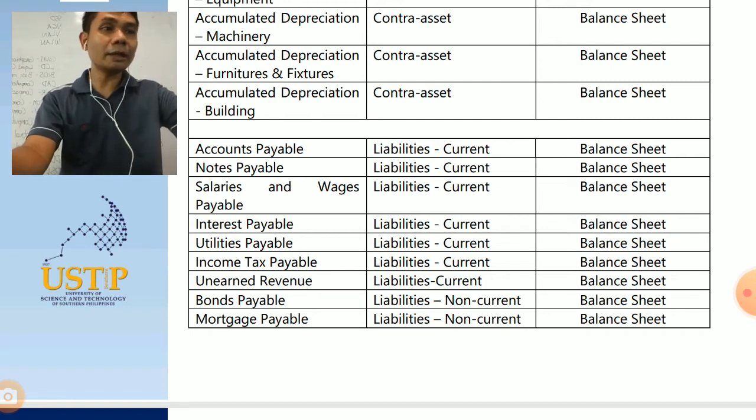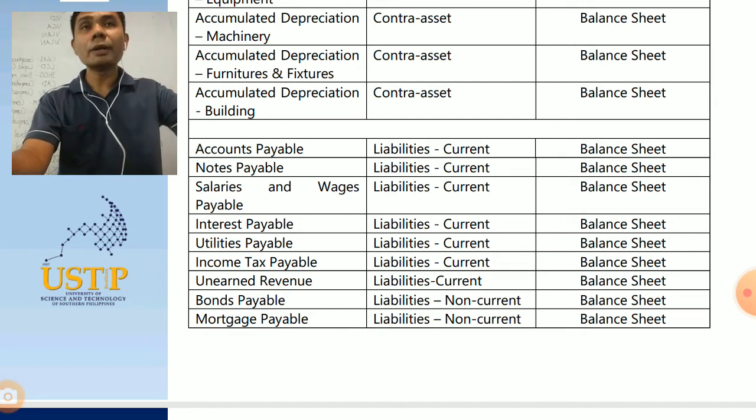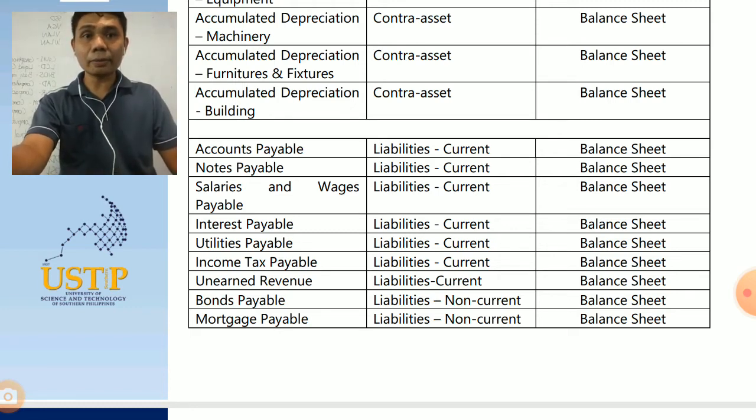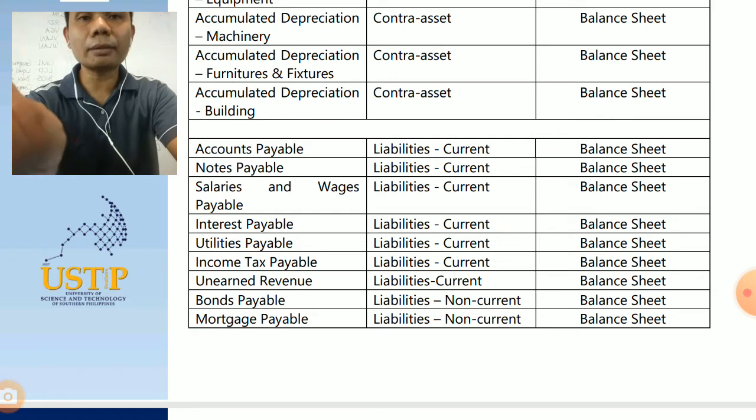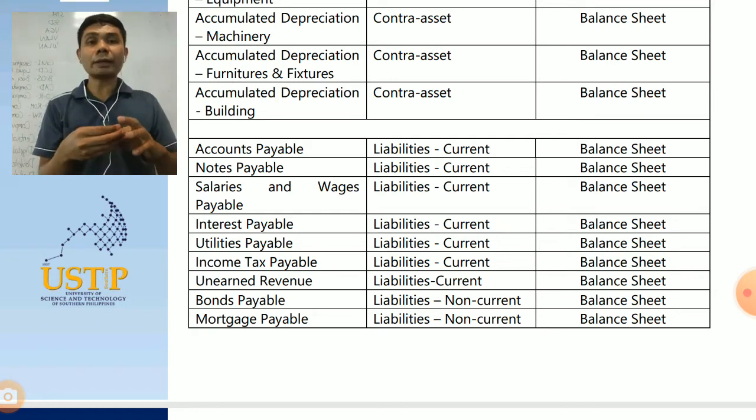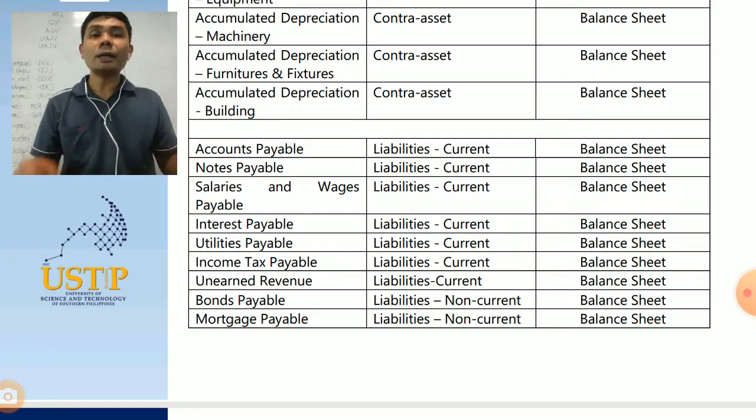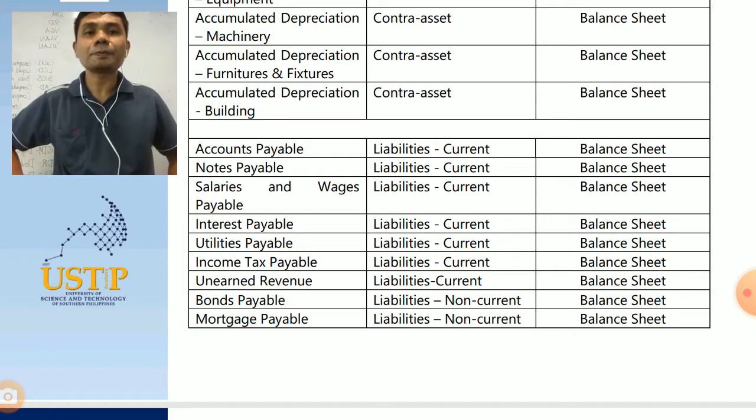For example, kinahanglan na nimo og harina para makasugod na ka og bake sa imong bake shop. So, nangutang ka og harina ni HGT. Nangutang ang business, so you recognize accounts payable, if that is verbal. Pero kung naay written document, formal imong pagpangutang, naay promissory note, that is notes payable.